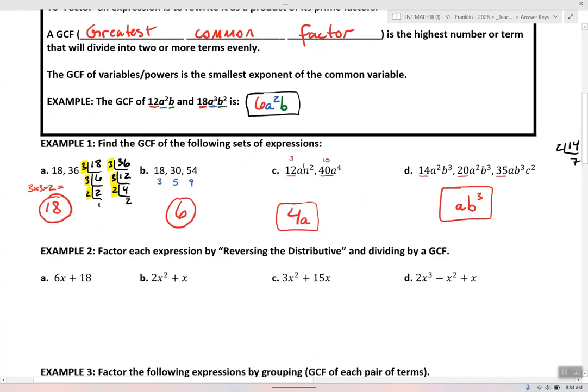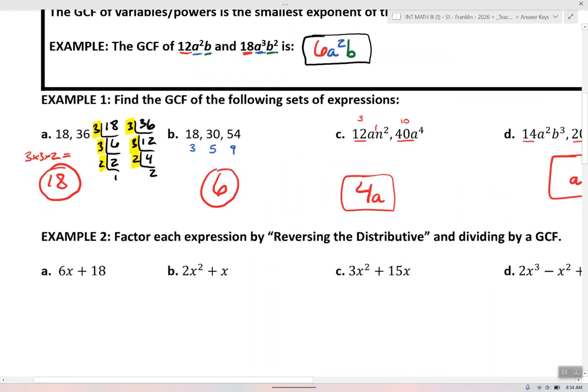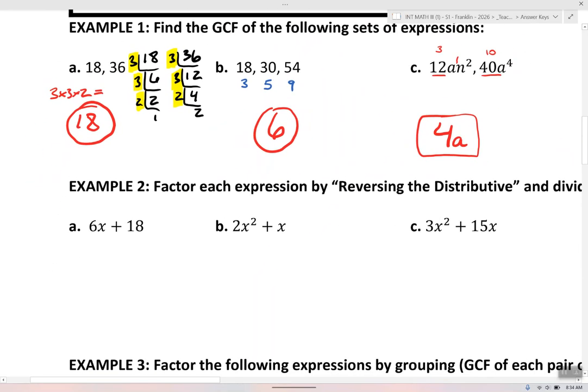Now we can use this to factor an expression. What we want to do is think of it as reversing the distributive property and divide each term by the GCF. If you look at example A, we have 6x plus 18. The GCF of 6x and 18 is 6. If I take that 6 and divide each term by it, I get 6 times x plus 3.